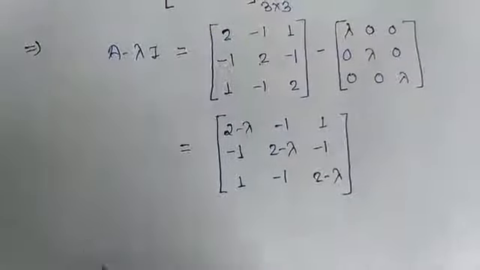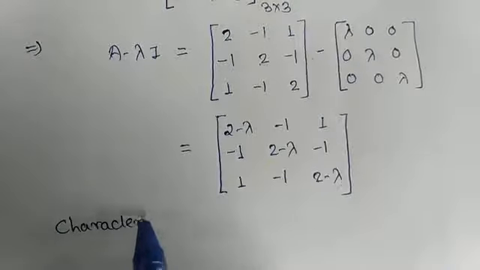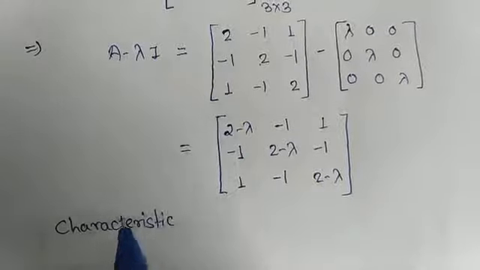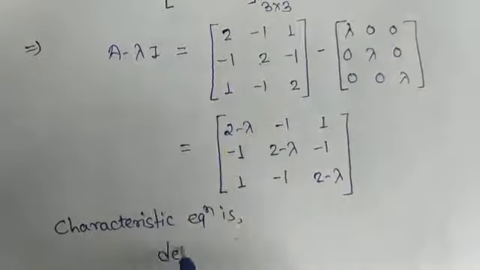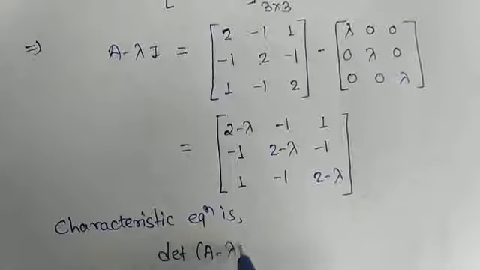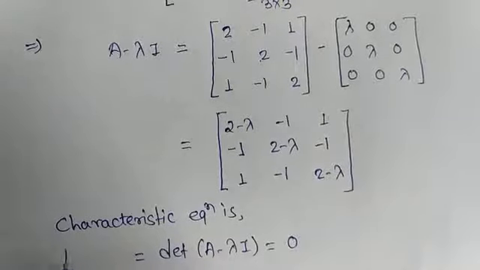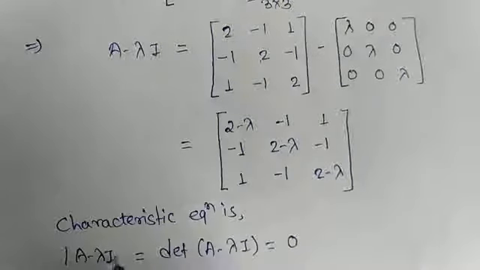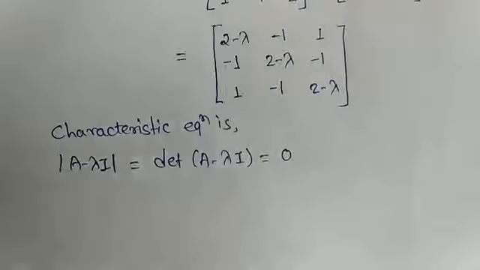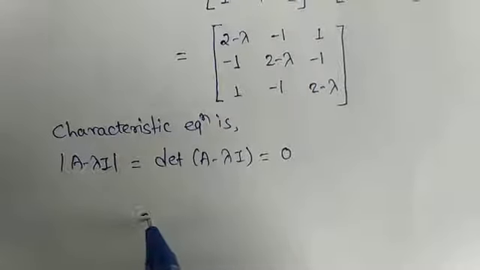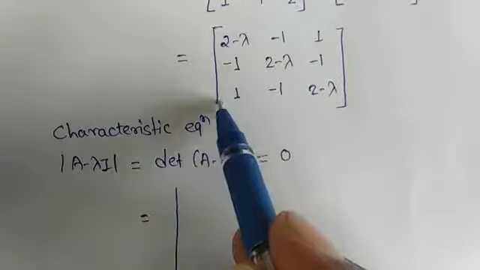Now the characteristic equation is determinant of A minus lambda I equal to 0, which is also denoted as the determinant of A minus lambda I. These are both notations for the same determinant.